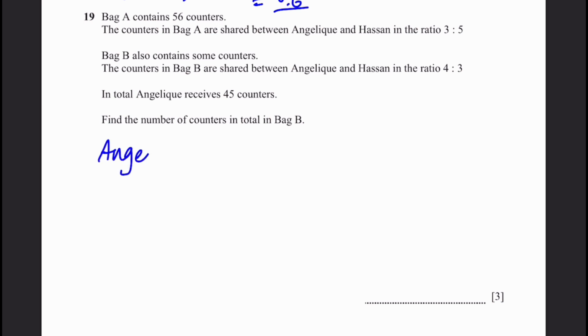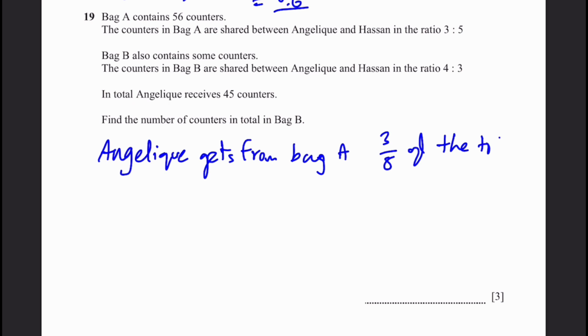So Angelique gets from bag A how many counters? 3/8 of the total, because there are 8 parts in total, 3 plus 5, and 3 parts go to Angelique. That'll be 3/8 times 56, which is equal to 21 counters. Now for bag B, how much does she get?